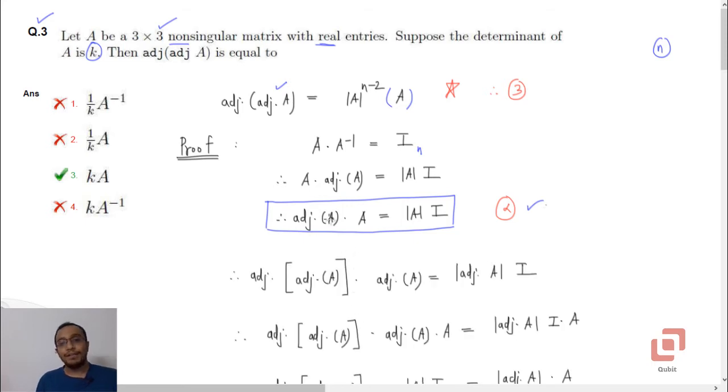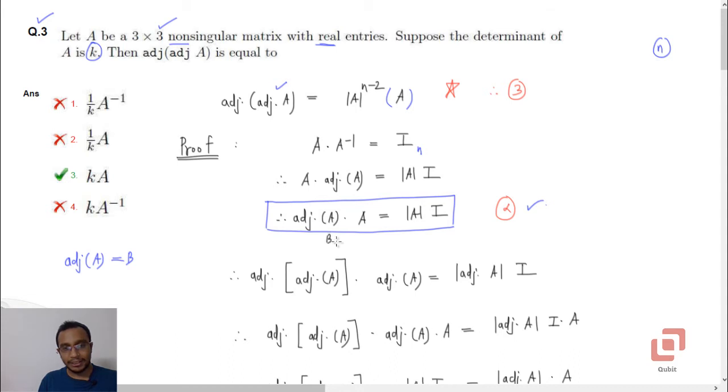Now, if the adjoint of any matrix multiplied by the original matrix is equal to the determinant into the identity matrix, we can apply this on adjoint of A. If I call adjoint of A as matrix B, then what relation can I write?